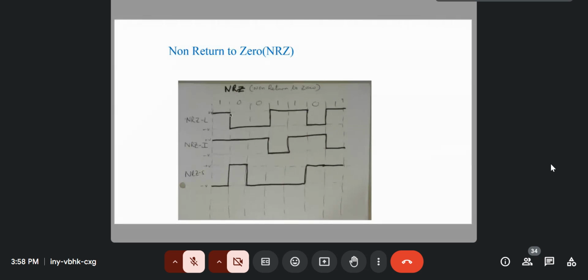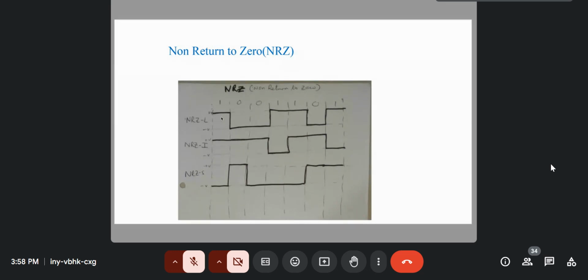For this case, it's straightforward because 1 means positive level and 0 means negative level.